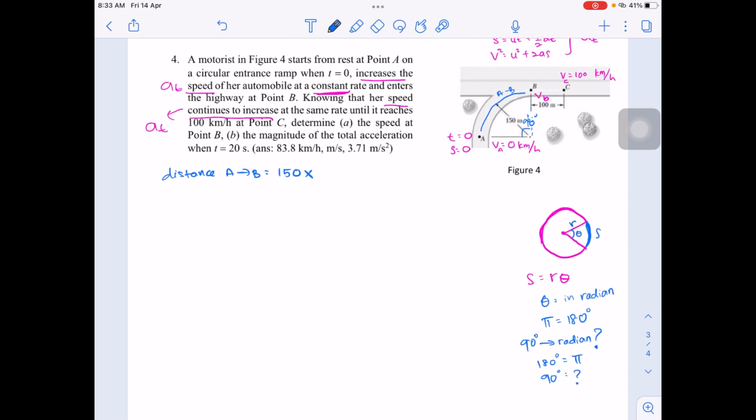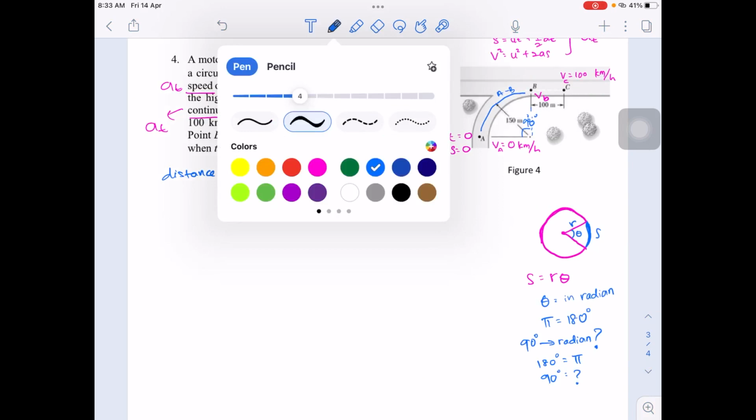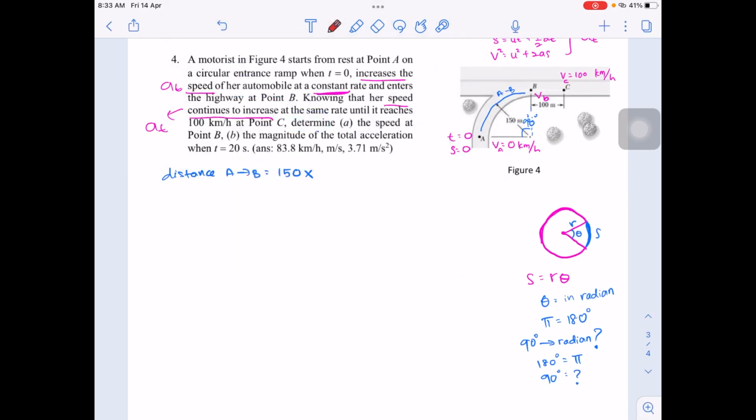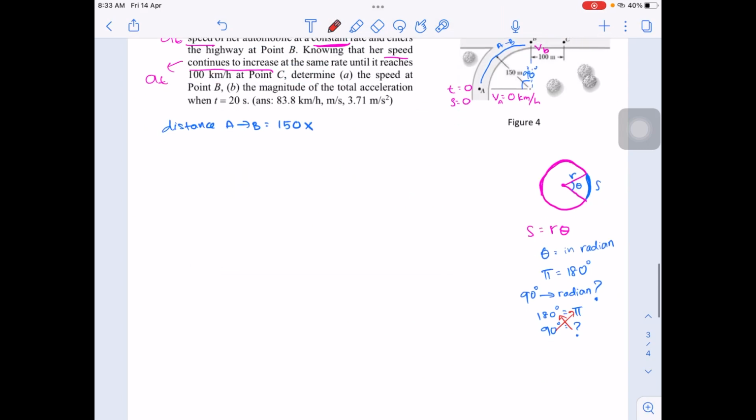Kita buat cross product lah. 180 with pi, let's say this one x is equals to 90 with pi. So x is equals to 90 over 180 times pi.